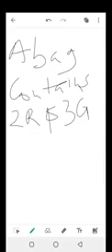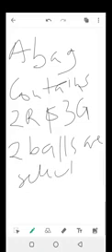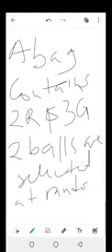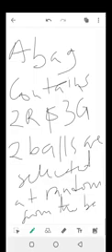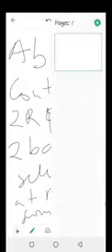Remember, I made a correction and said it should have been 2 red balls and 3 green balls. 2 balls are selected at random from the bag.